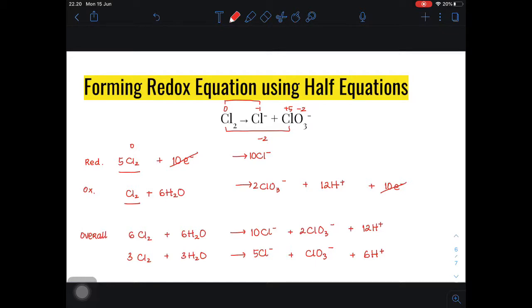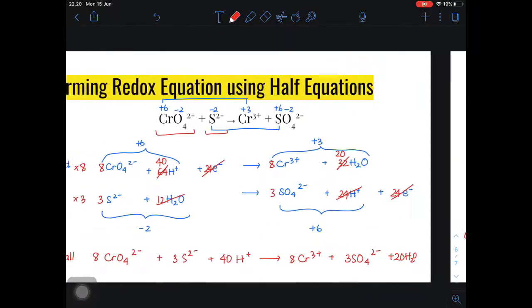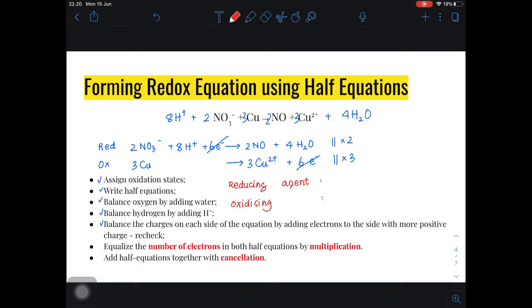So if we notice, there's a difference between this reaction compared to the previous two reactions. For this one, the reducing agent is simply Cu, because it undergoes the oxidation process, and the oxidizing agent is the NO3-.